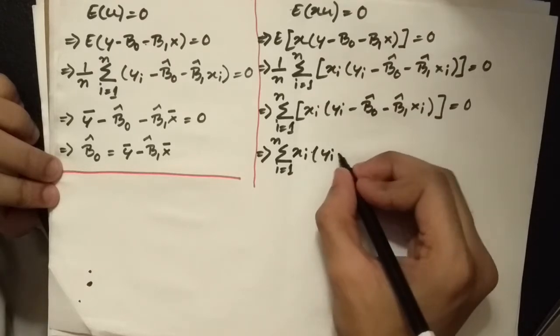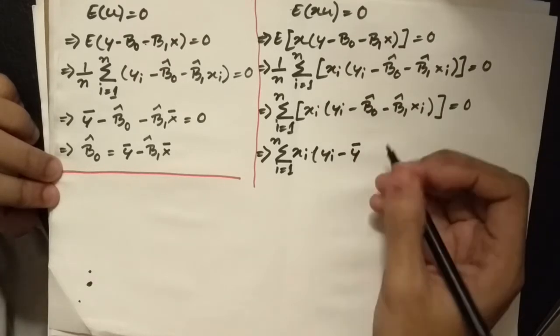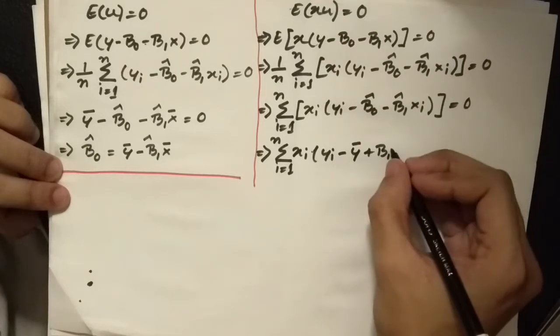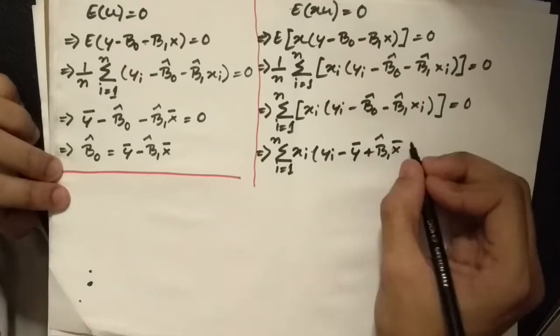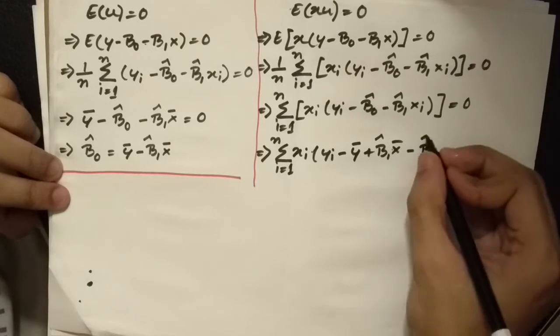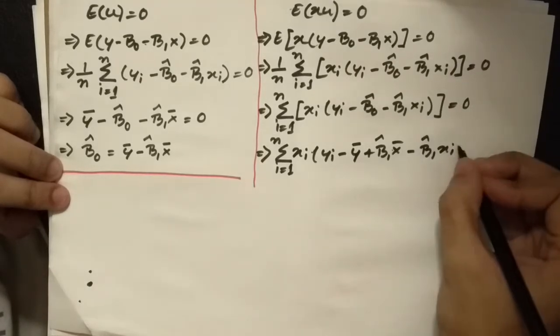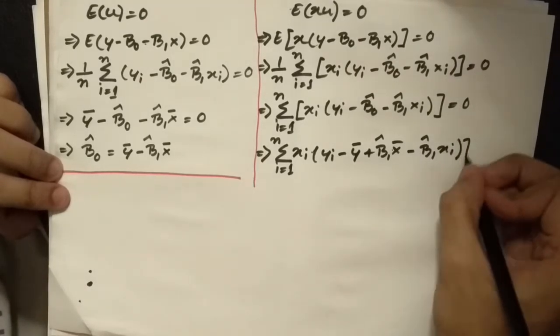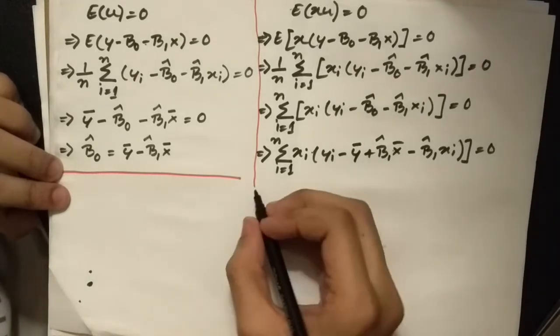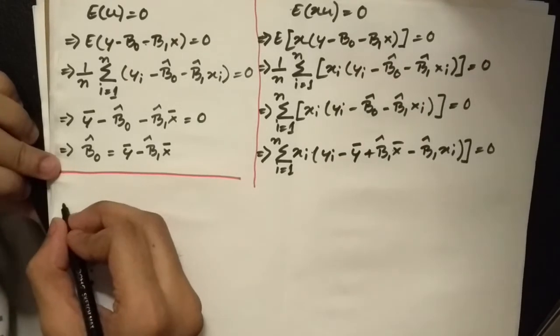If I plug it in, I'll get y bar plus beta 1 hat x bar minus beta 1 hat xi equals 0. So let's write it from here.